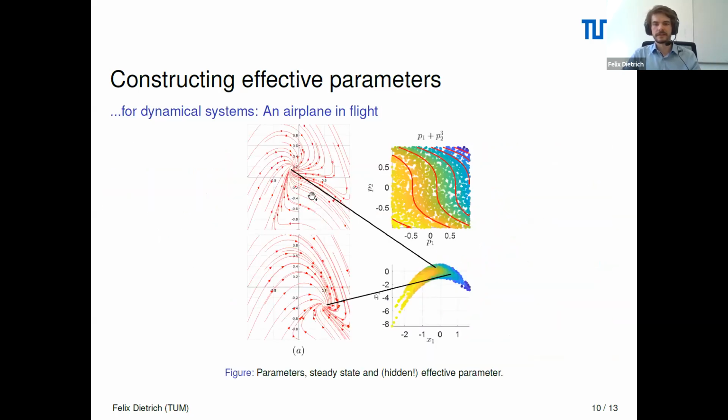And if we do this, like if we sample a lot of parameters in this box, for each parameter we get a final state x1 and x2, right? That then corresponds to one of those steady states. And then color this parameter space by our known effective parameter. In this case, you can see that it has this shape.